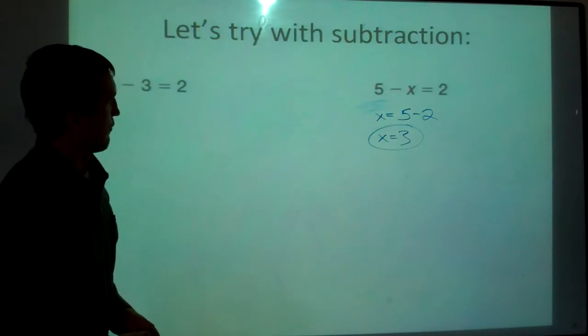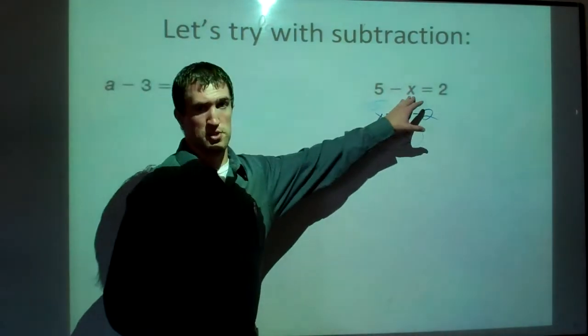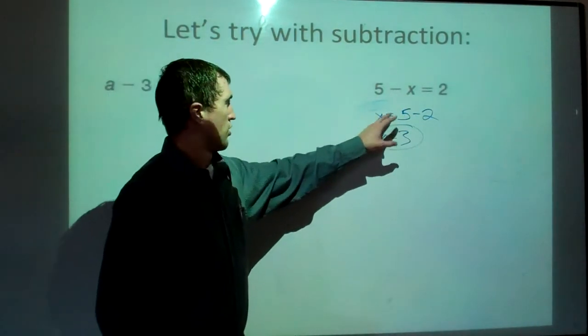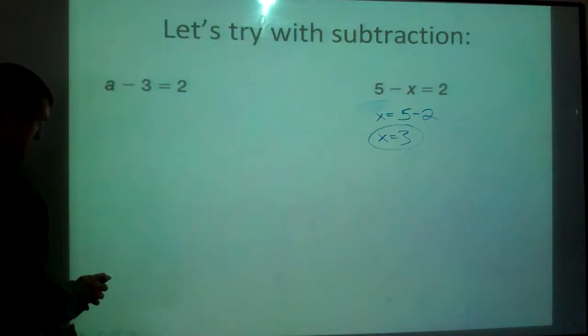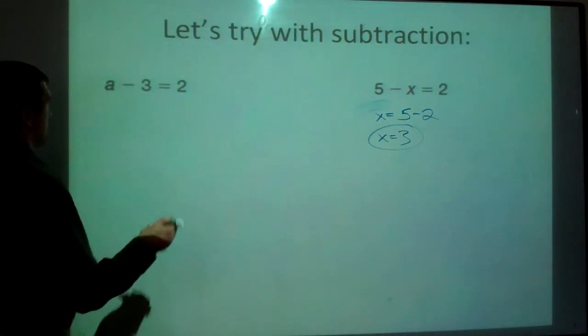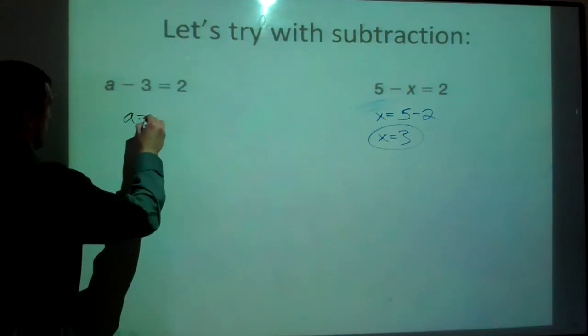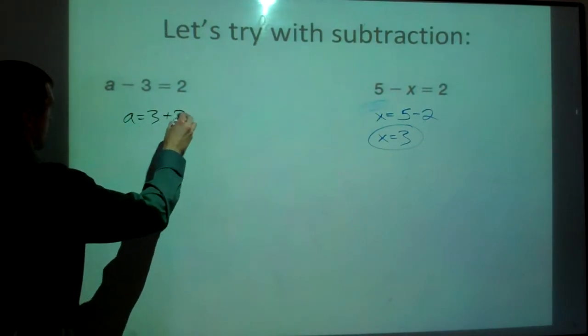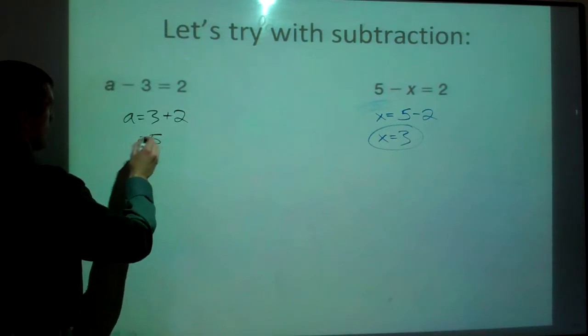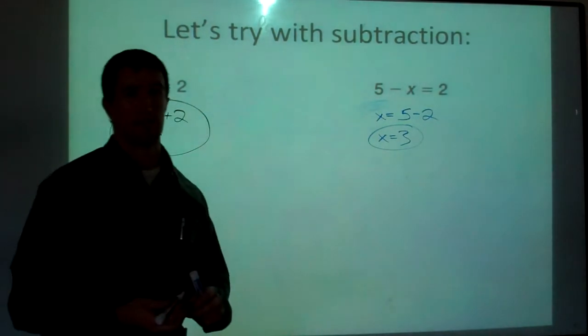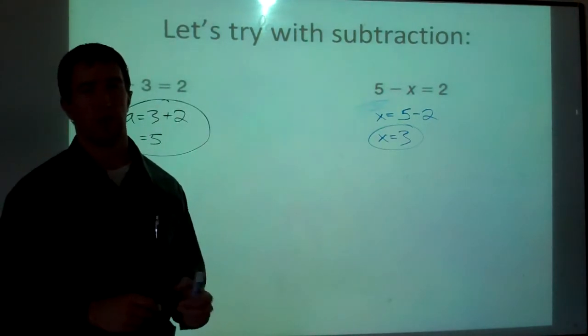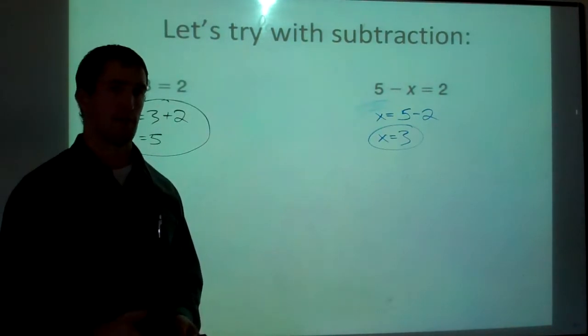So if our variable is in this position for subtraction, you will do 5 minus 2. If it's over here, and we're with A, it's going to be A equals 3 plus 2. So, those are the two differences. Those are in the book. They show you what to do in each different situation.